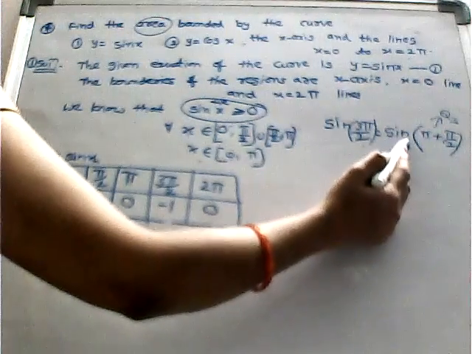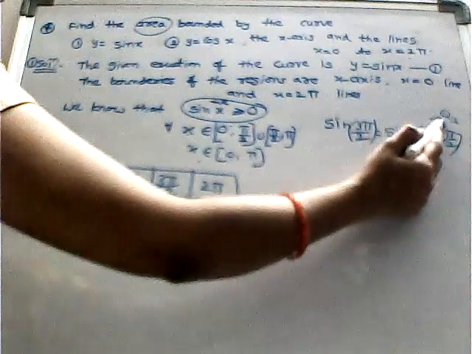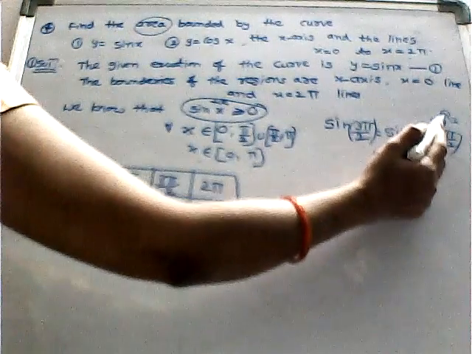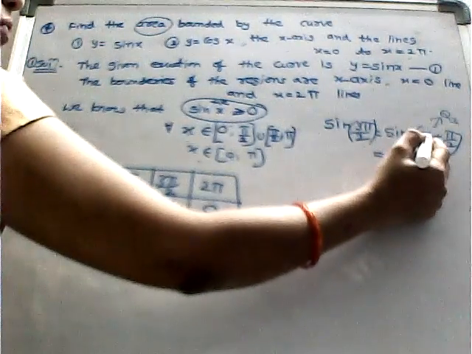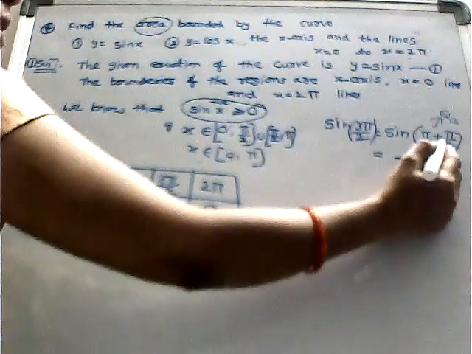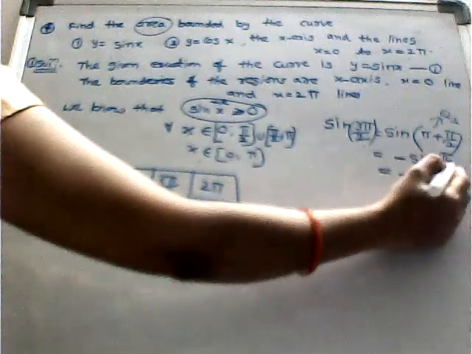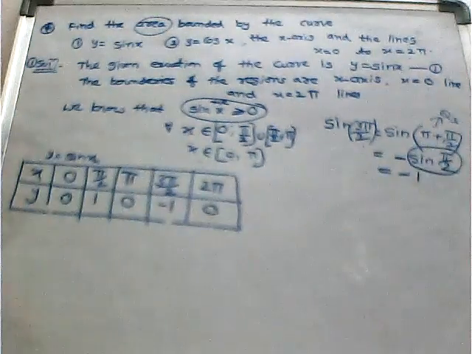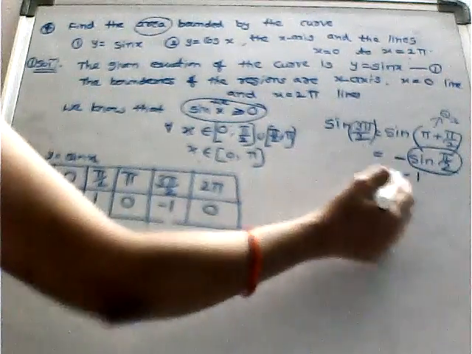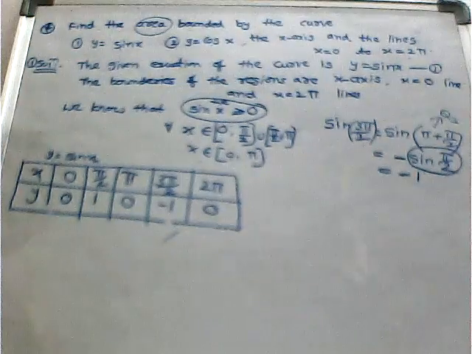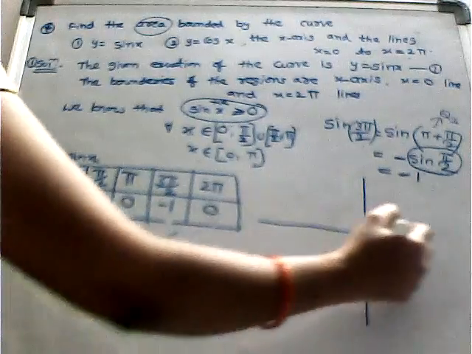In the Q3 quadrant, tan theta and cot theta are positive, remaining are negative. That's why we take negative. So we get minus sin pi by 2, and sin pi by 2 value is 1, so we get minus 1. So sin 3 pi by 2 is equal to minus 1. Now we take these points to draw the graph.